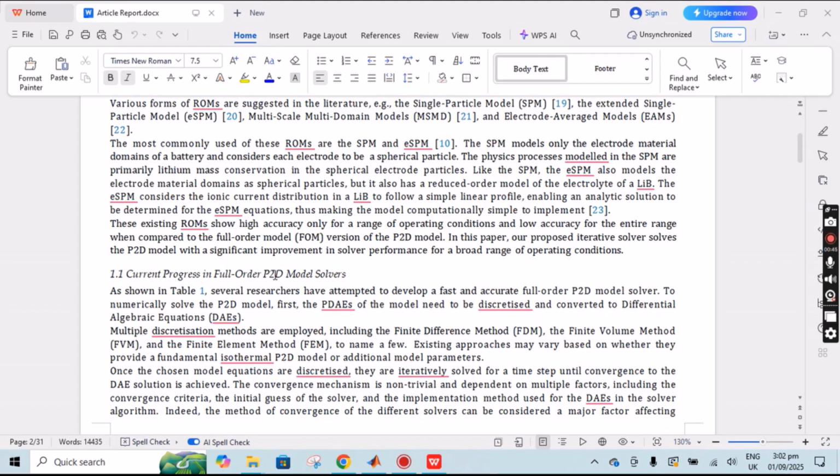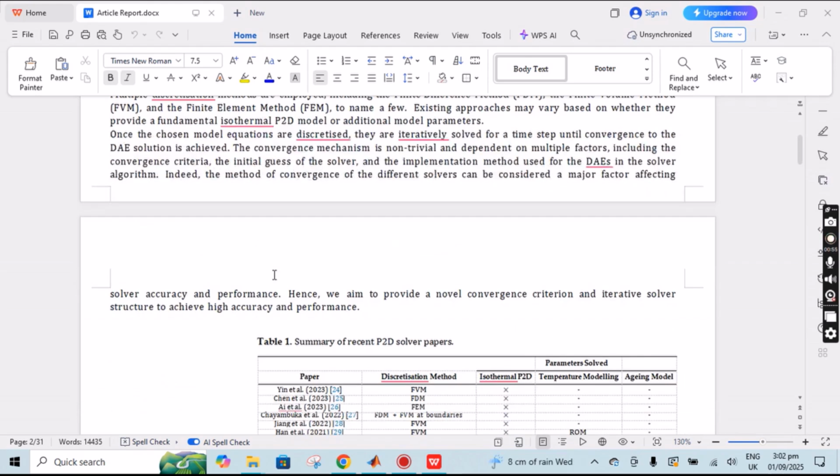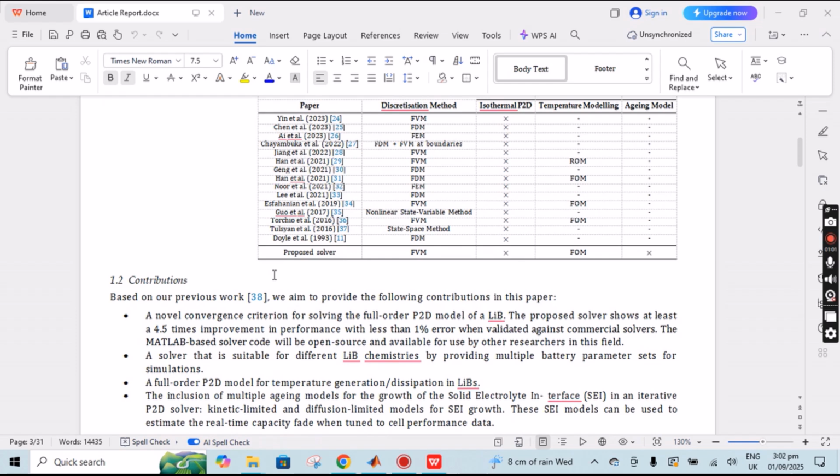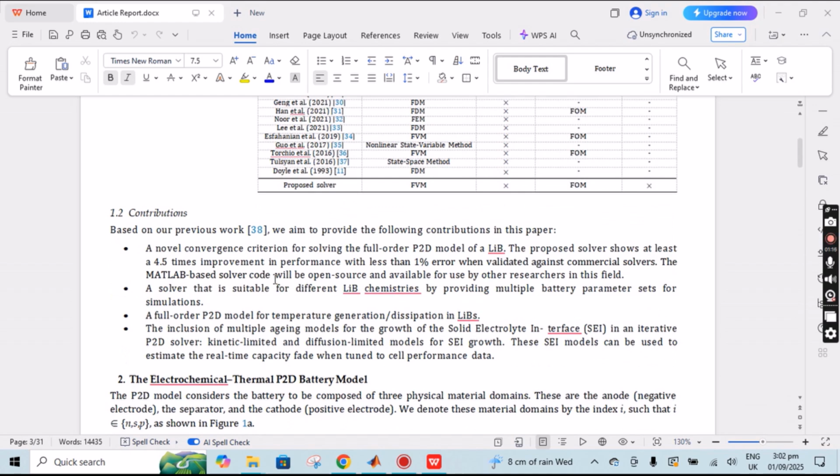in this paper in detail. You just read it and you will understand the current progress in full order P2D model solvers. These are the tables used for the parameters solved in our project, and the contributions, like how we have taken the research review papers and how we take the input from different research papers through the MATLAB solver code.